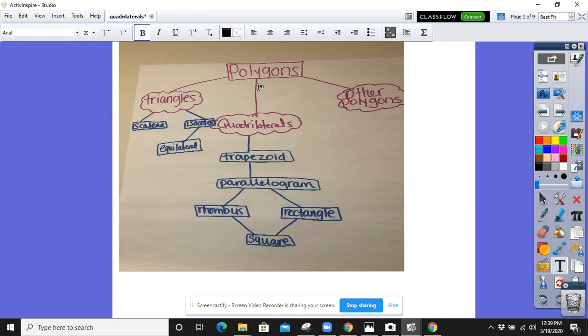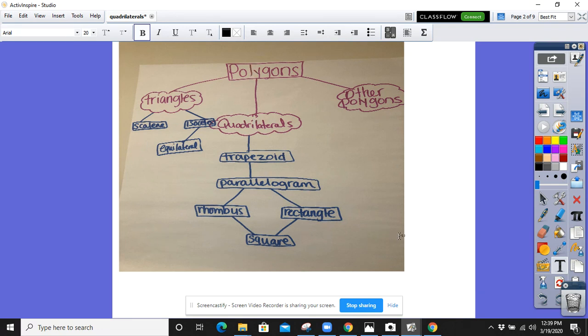But it's not always the same from top to bottom, because the polygons are not always going to be in the quadrilateral part, because polygons also have triangles in them and other polygons. So thinking about most general all the way down to most specific, and from the bottom to the top, everything from the bottom has all of these attributes, okay?